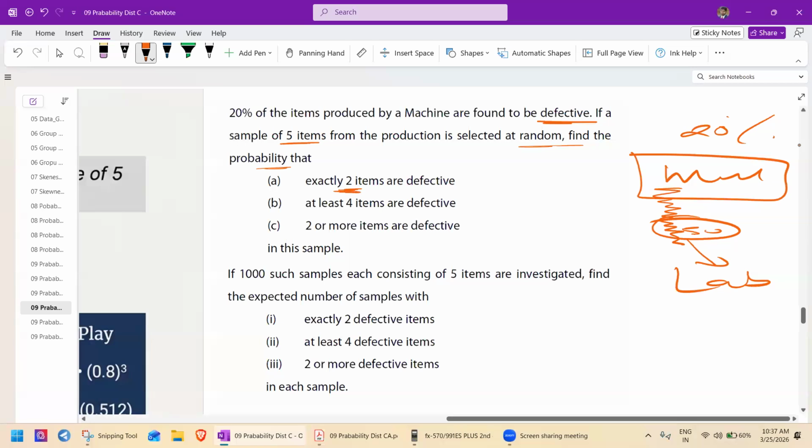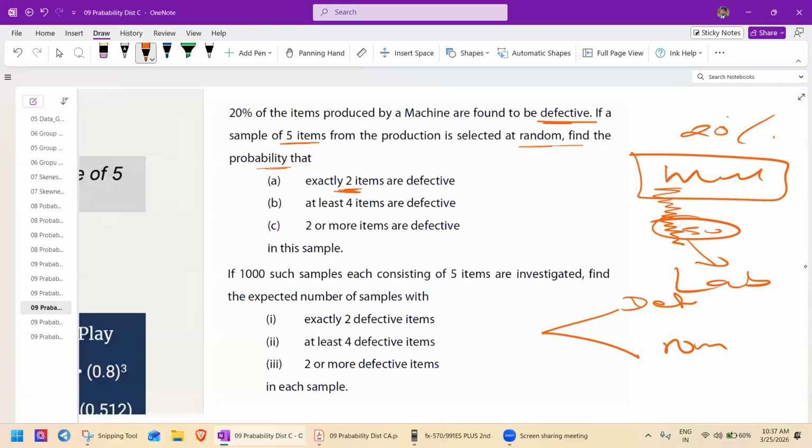Exactly 2 items. Here it's a binomial distribution, since it has 2 outcomes. Either it is a defective item or a non-defective item. Here we consider a defective item as a success and a non-defective item as a failure.